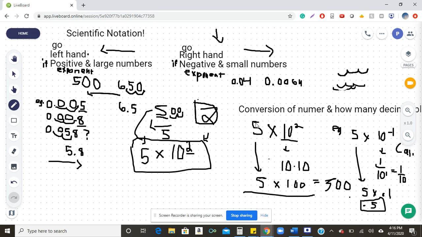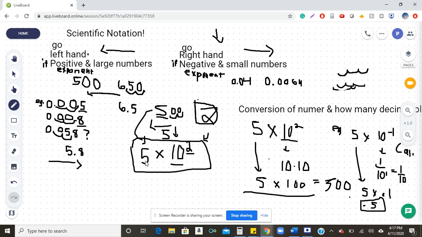Now writing a number like 500, you have moved it 2 times, so you put down your 10, that is the base that stays in scientific notation, and you put 2 in the exponent, because 2 is however many times you moved on the 500.